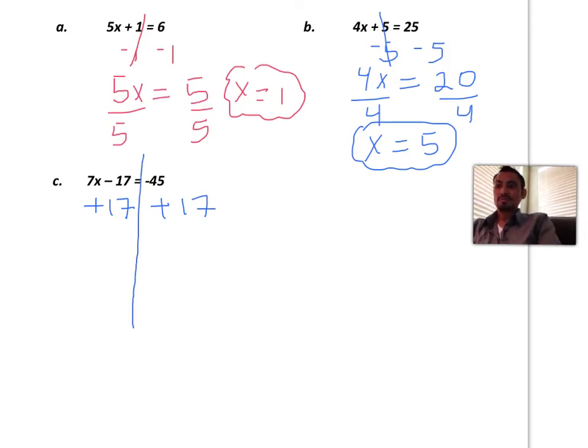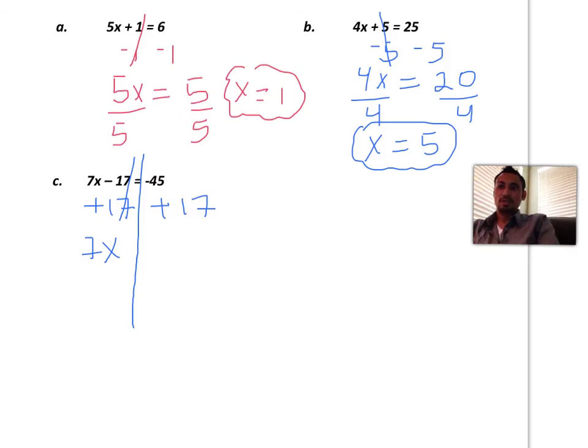Okay. So then we end up with 7x because these two 17s cancel out. And think of this negative 45 plus 17 as 45 minus 17, because this is negative 45 and this is positive 17.